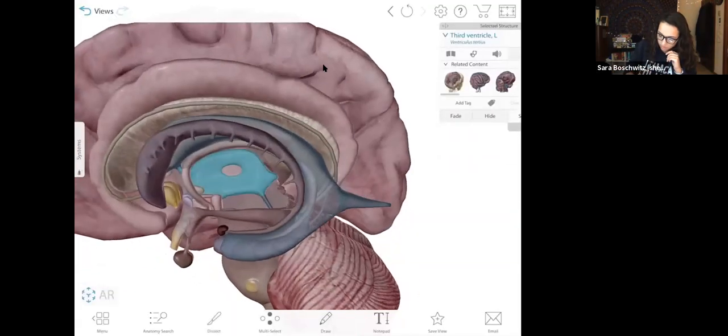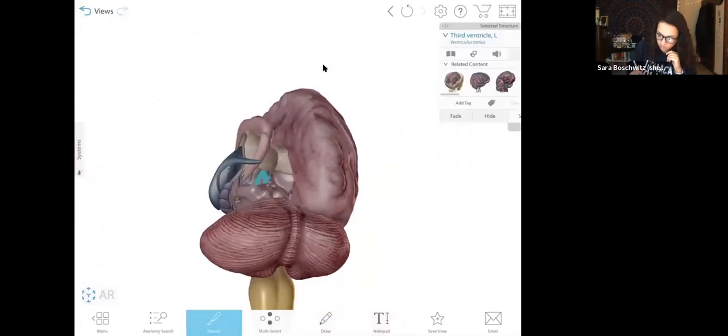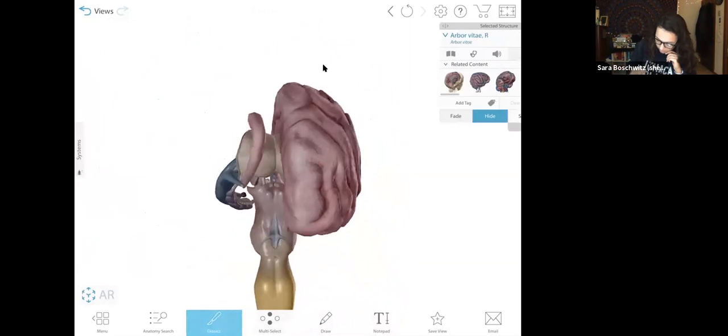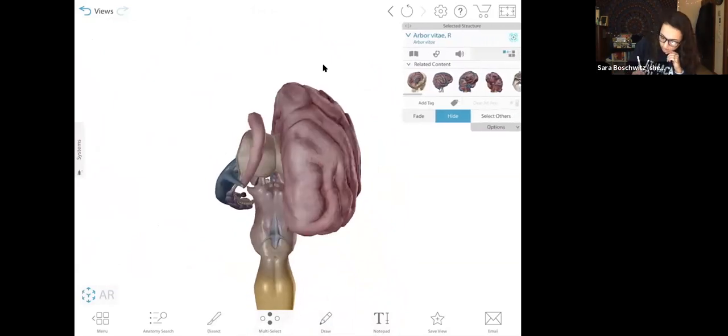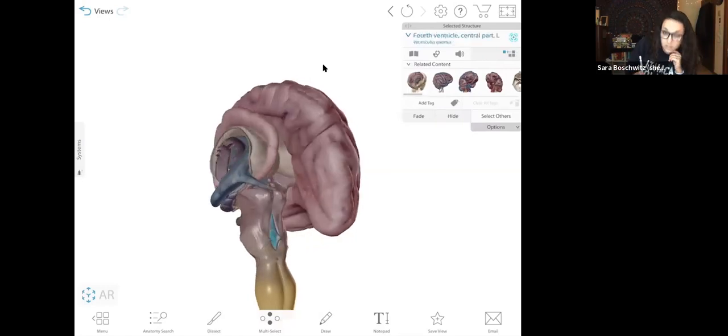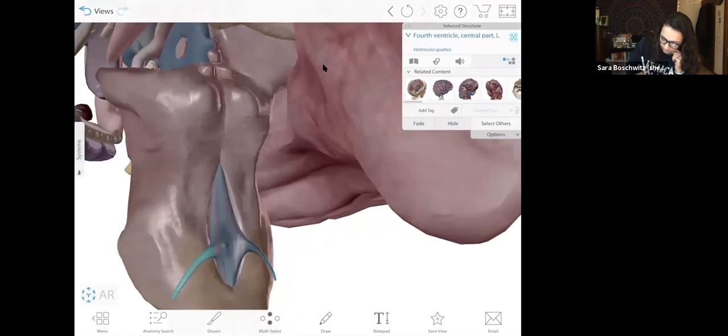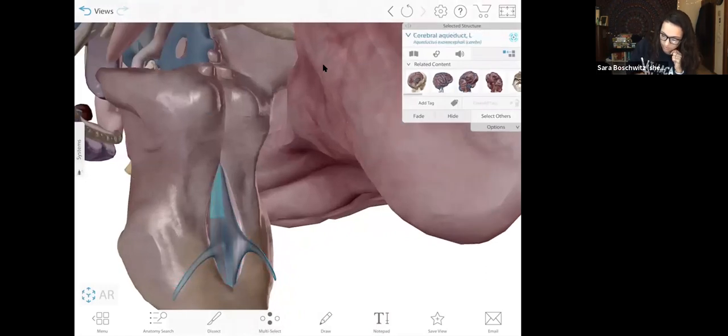So you can also come through this view, cut away the cerebellum, and you can see it here too. So remember, on the top corner, you can see what I'm clicking on. But if you go down, we have the fourth ventricle. There's a couple of different portions of it showing right here, and then just above it, we have the cerebral aqueduct.